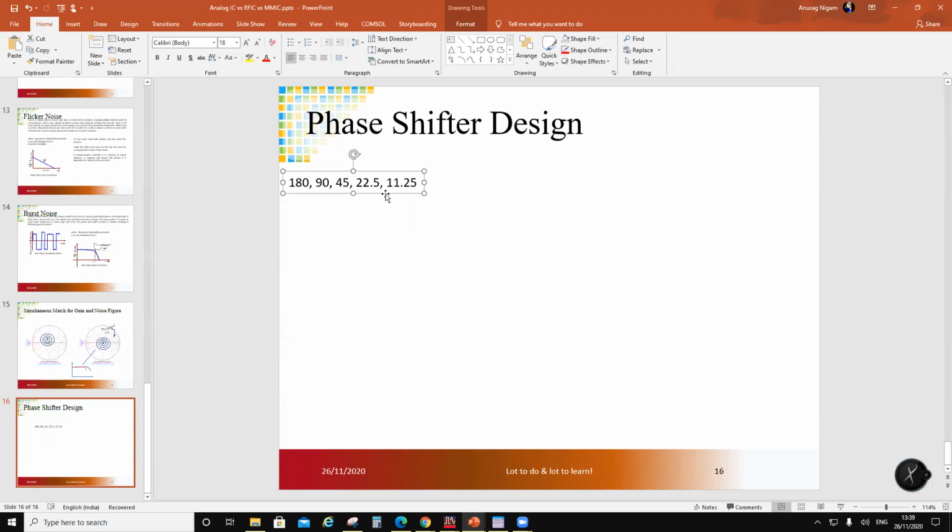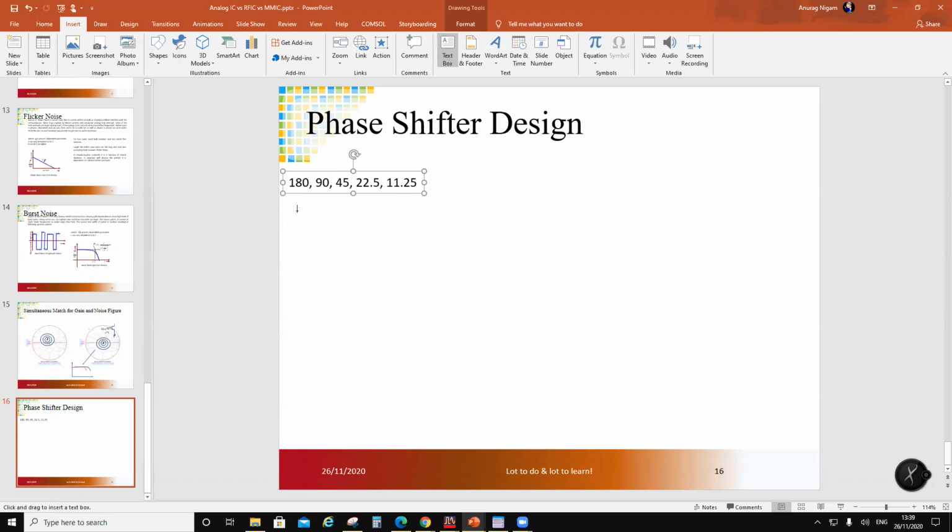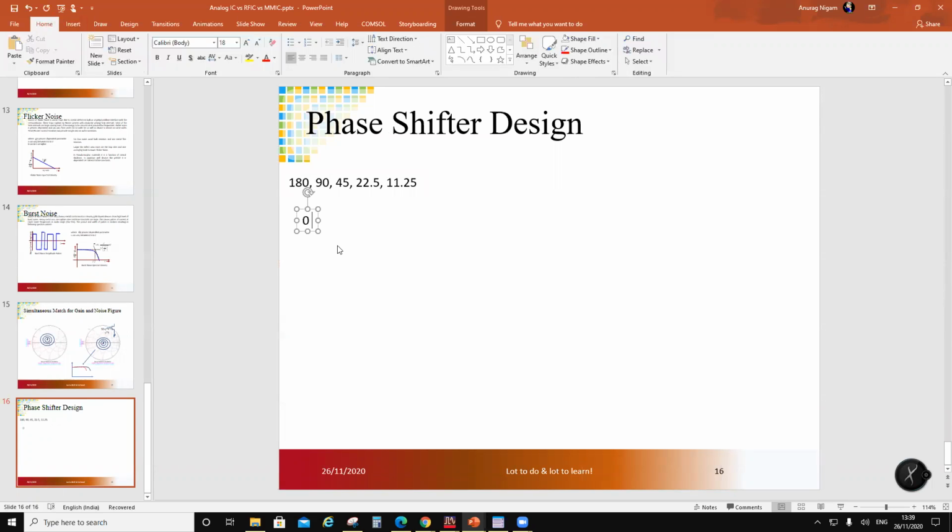Okay, so this will be the five bits. So it will go from 0 degrees to 360 minus 11.25, which is 348.75, right?